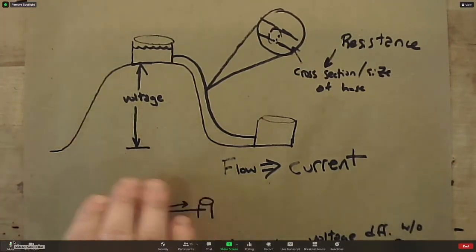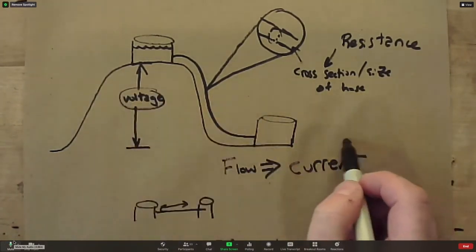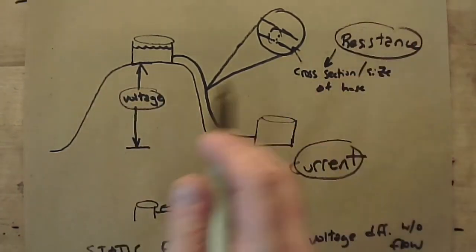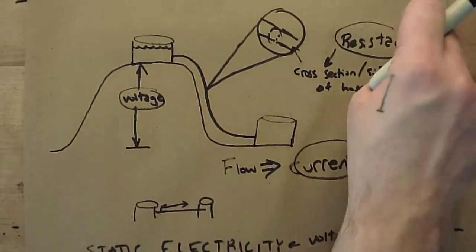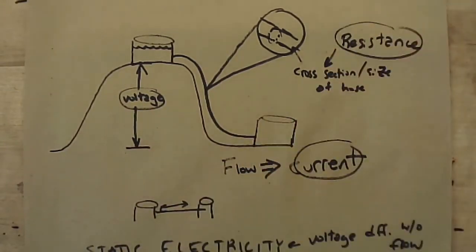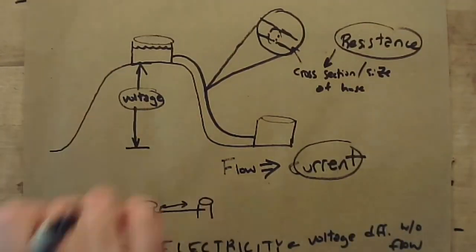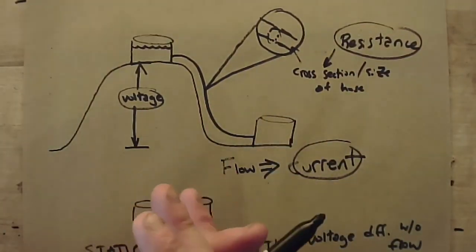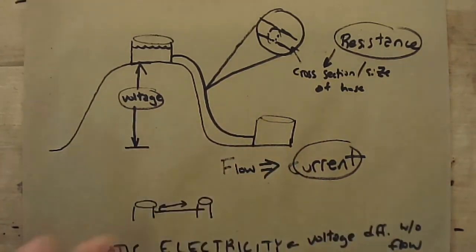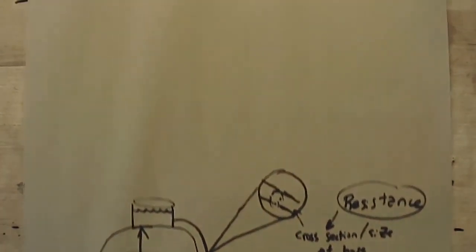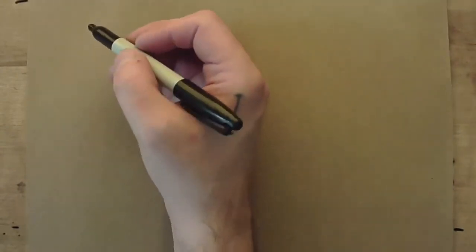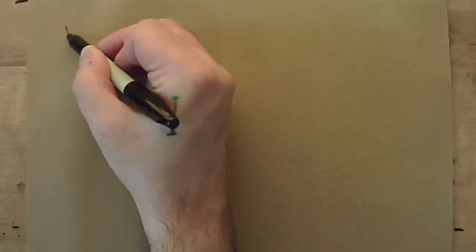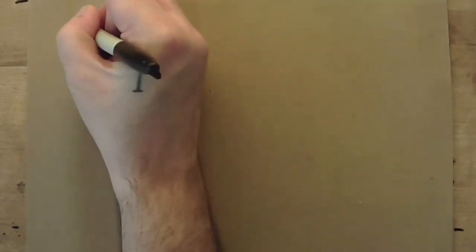So now that we have these three concepts of voltage, current, and resistance, now we're going to talk about how those three characteristics of electricity relate and interact with one another mathematically. But before we do that, let's talk about some units.